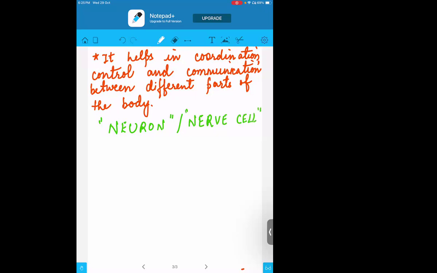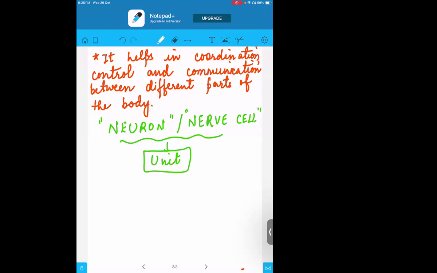Just like we have the cell as our fundamental unit of life, in the same way the nervous tissue also has a fundamental and structural unit, called the neuron or the nerve cell. So if we talk about the nervous tissue, definitely we are talking about the neuron.